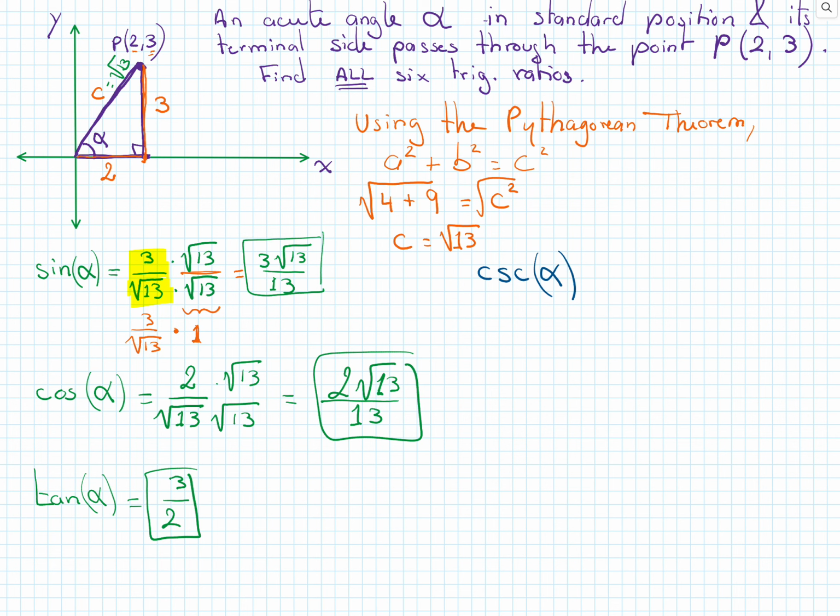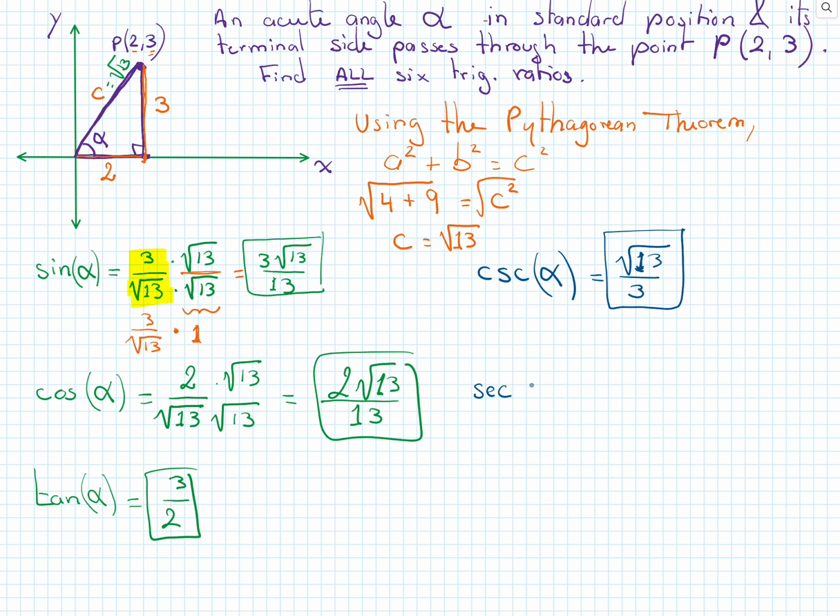And so that will become the square root of 13 over 3. Really, when you're looking at the triangle, it will be the hypotenuse over the opposite. So square root of 13 over 3. And there is no radical in the denominator, so we're good to go.